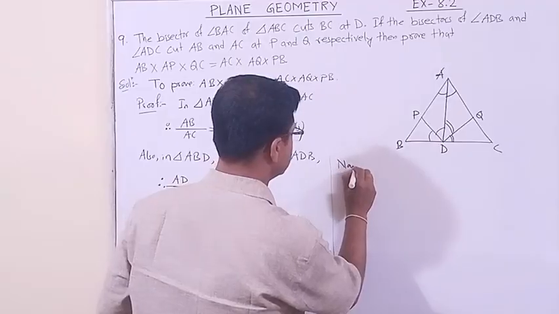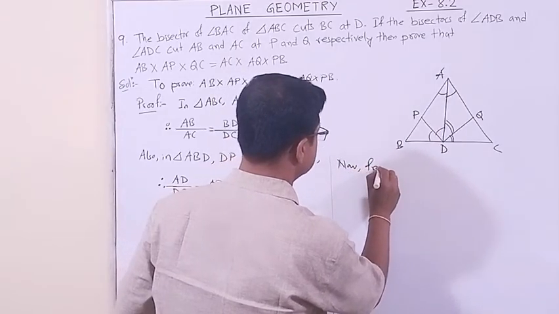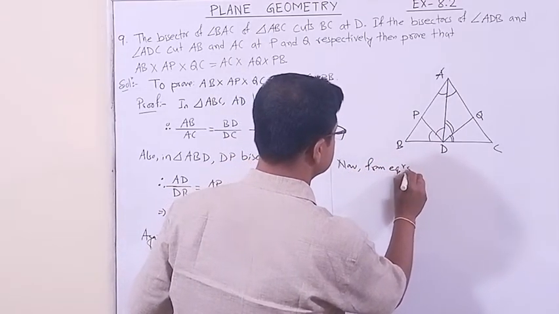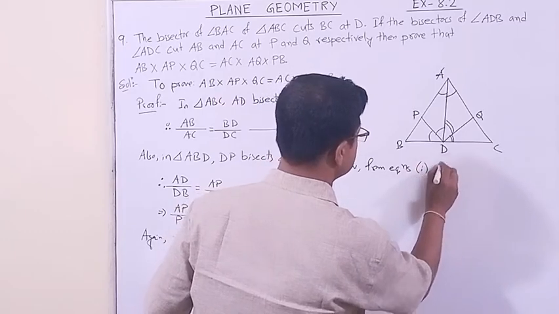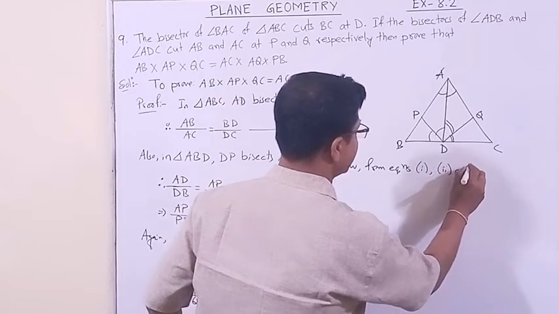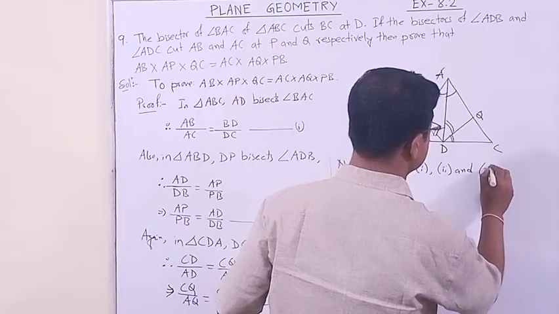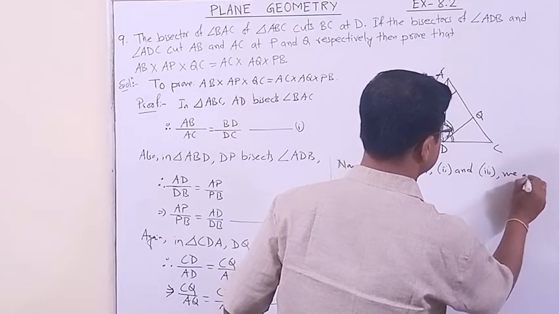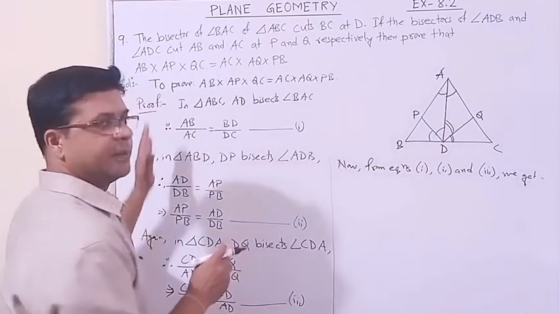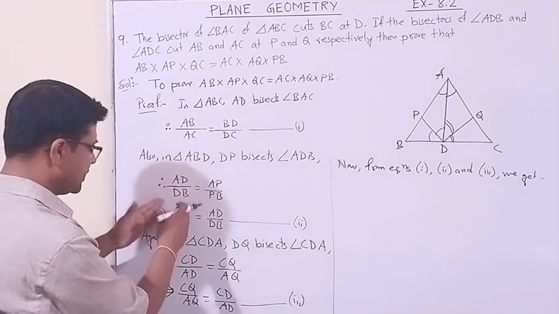Now from equations 1, 2 and 3 we get, let us multiply these three. Left hand side into left hand side into left hand side.